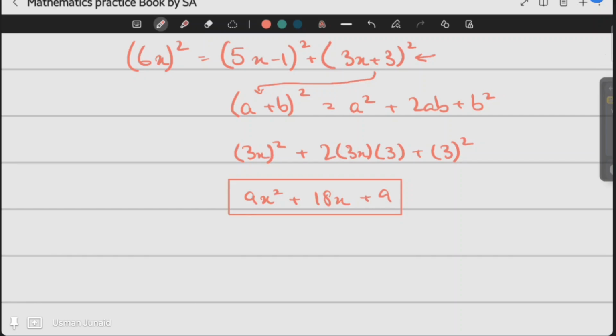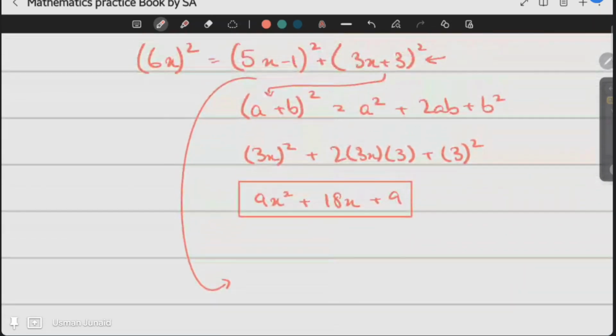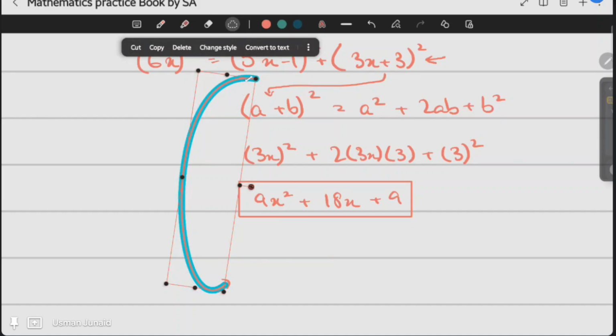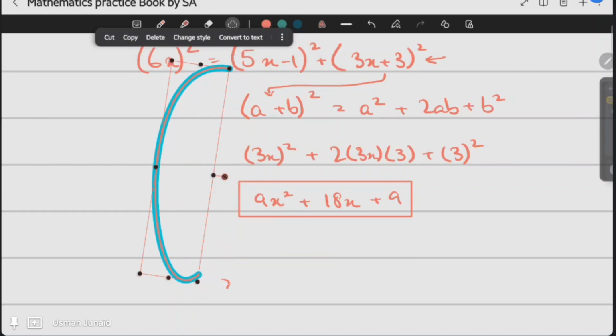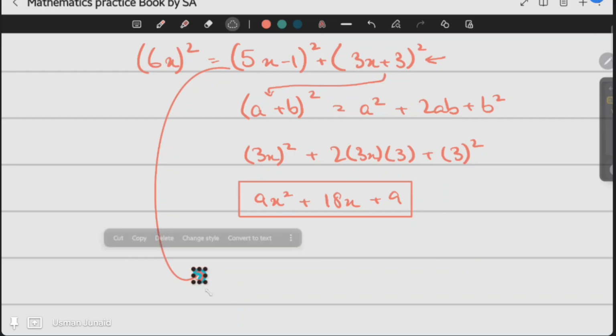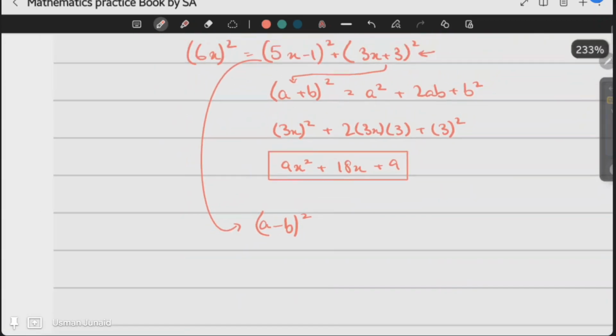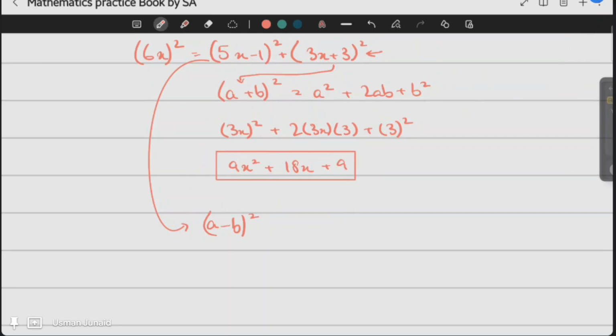Okay. Now, looking at this one, here we're looking at a minus b whole squared. Yes, sir. So this forms the equation a squared minus 2ab plus b squared.